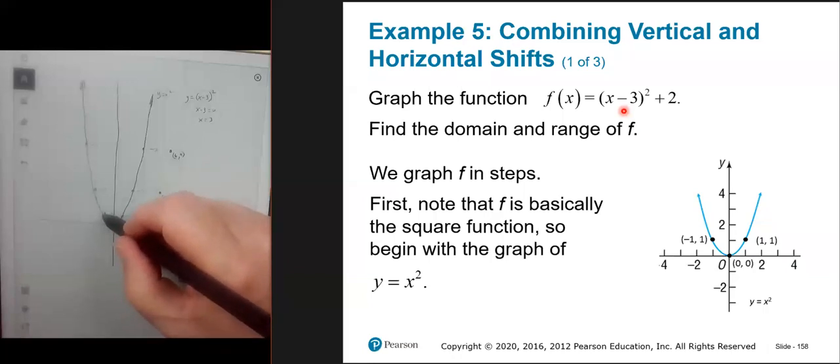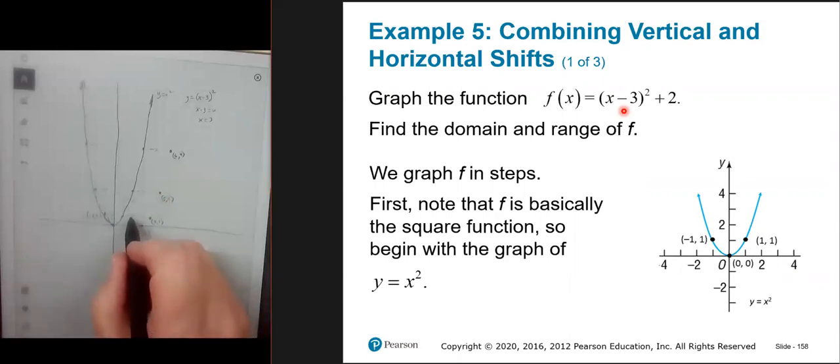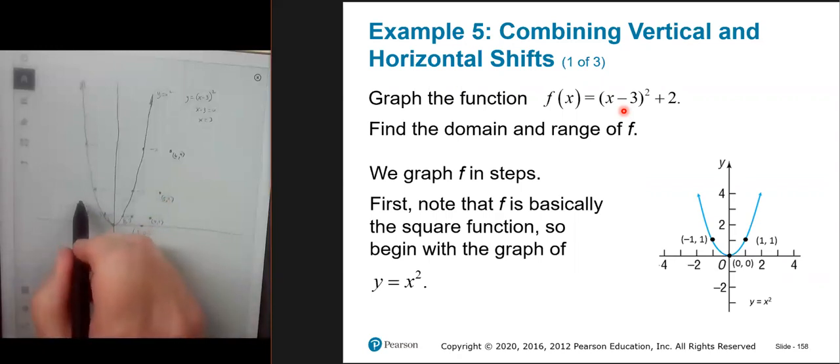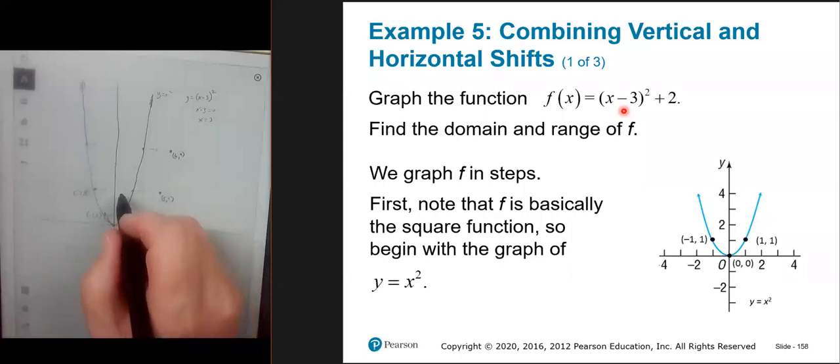Now I'm going to add 3 to negative 1, because this is a point negative 1, 1. So I'm going to add 3 to the x value, which gives me 2. So that comes over here to 2, 1. Negative 2, 4. Adding 3 brings me over to 1, 4.